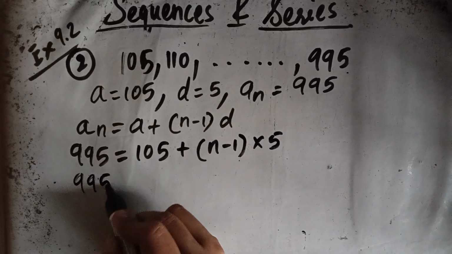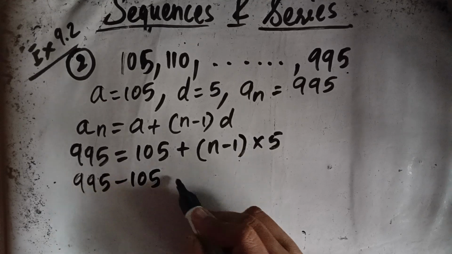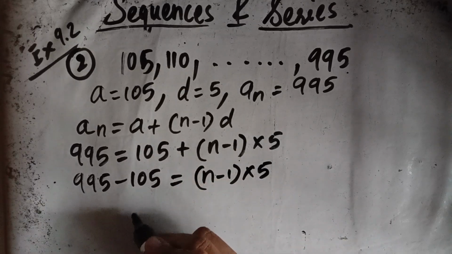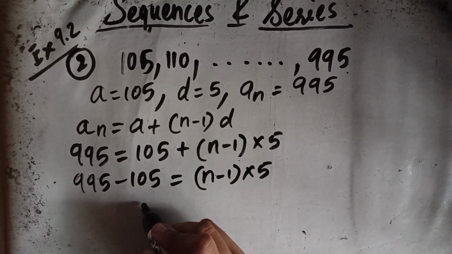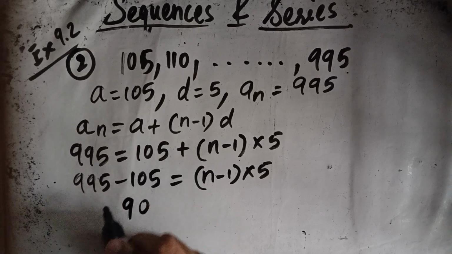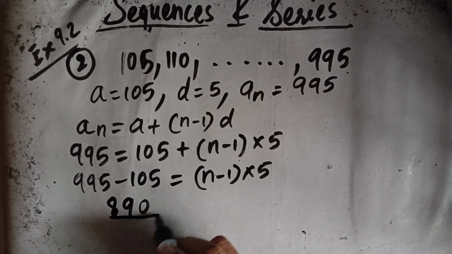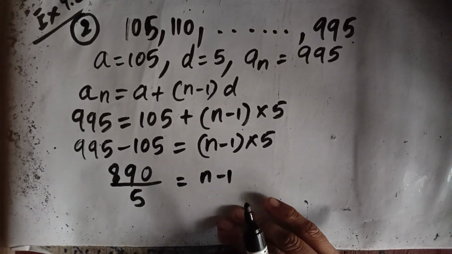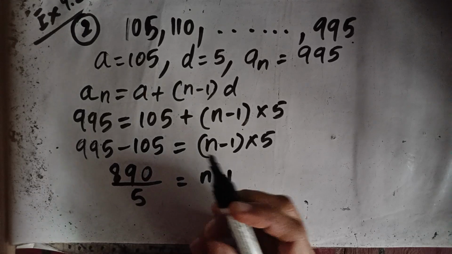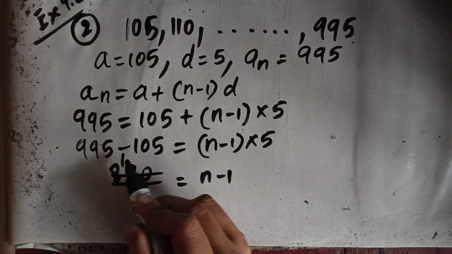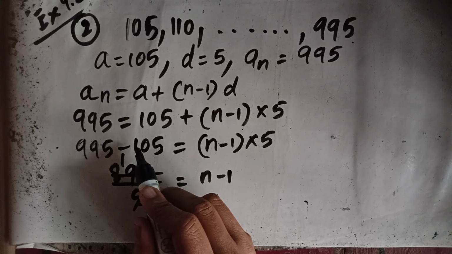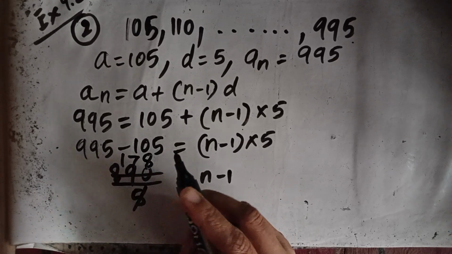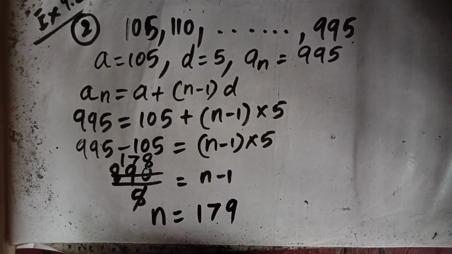So 995 minus 105, 890, upon 5 equal to n minus 1. That is 178. So N is 179.